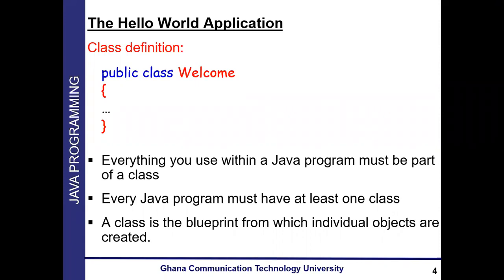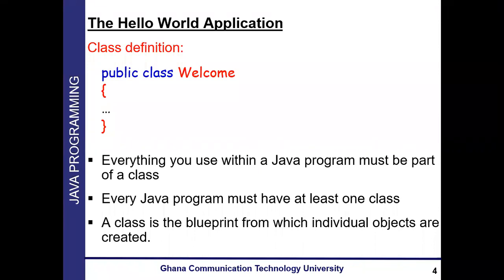We'll come to talk about objects. It's within the class that we can create objects. So within the class, we define so many things. So I can have a class, and this one we said is public class welcome. It doesn't matter, that's a name. If I want to write a program about maybe a dog or my dog, I can say public class dog or public class my dog.